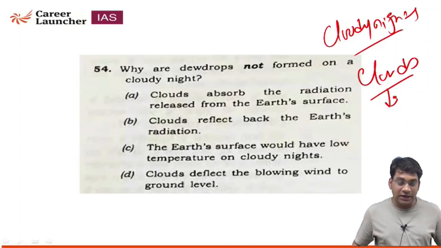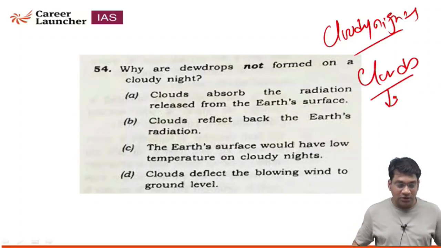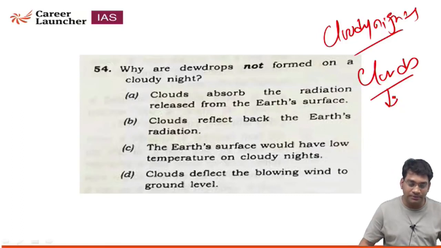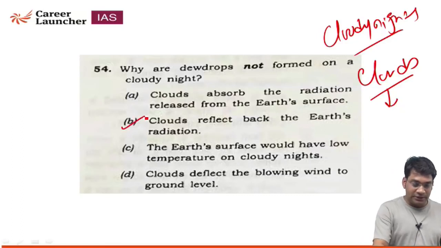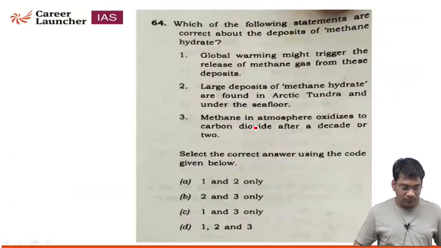Because of this, the condensation process will not be able to take place, and that will cause no formation of dew or frost. So option B is correct. Cloud reflects back the earth's radiation.